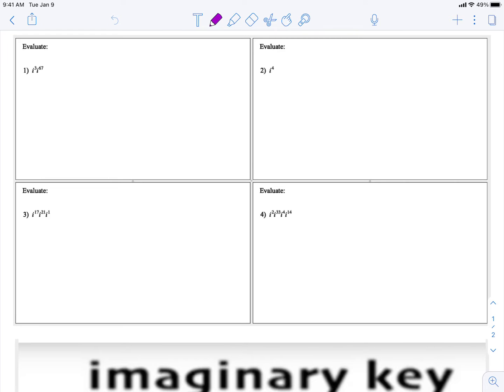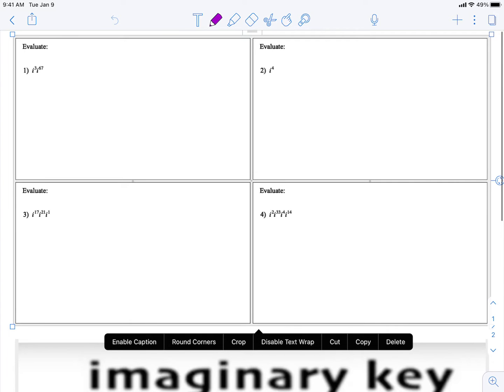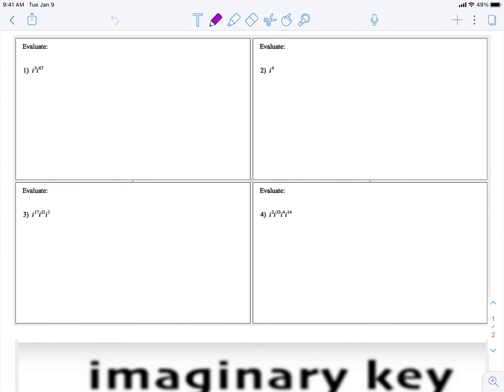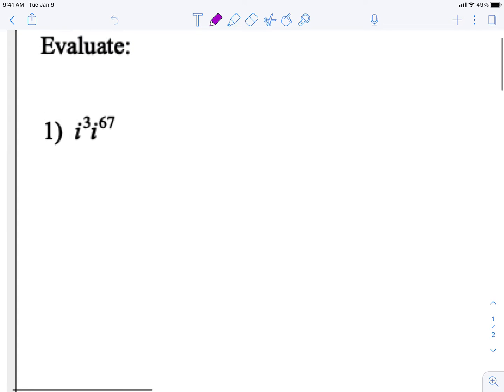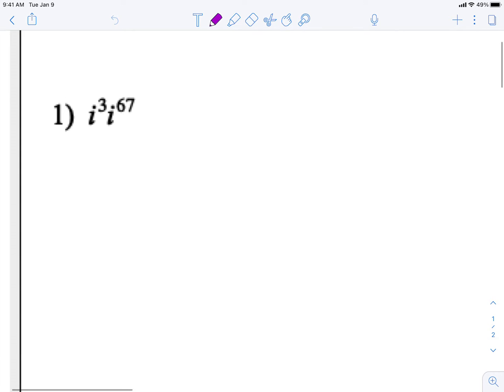All right, so let's start with our first problem here. Right? So i to the 3rd times i to the 67th. We remember that when we have the same bases, meaning i and i, that means I can add 3 plus 67.